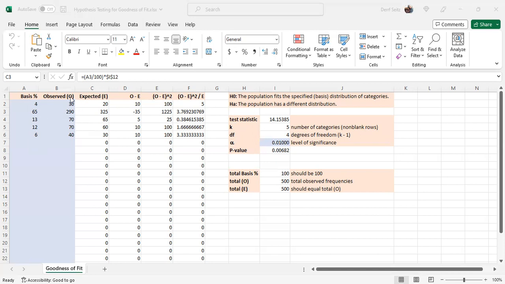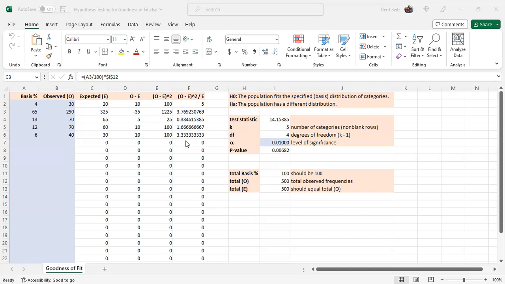And what you have is observed frequencies for those categories listed here, each one associated next to a basis category. There's room for 25 categories. This sheet uses 5. You have to enter this data in the blue cells, the basis percents and the observed frequencies.